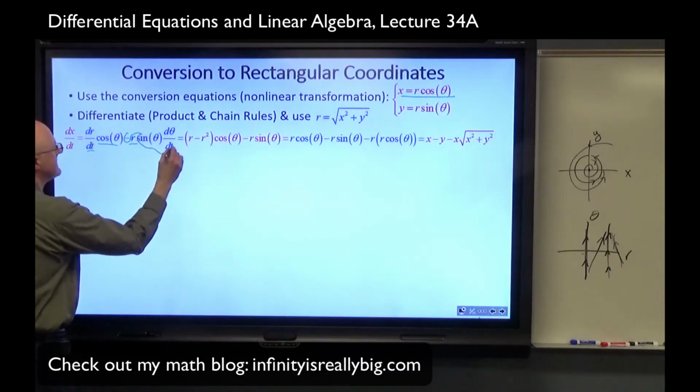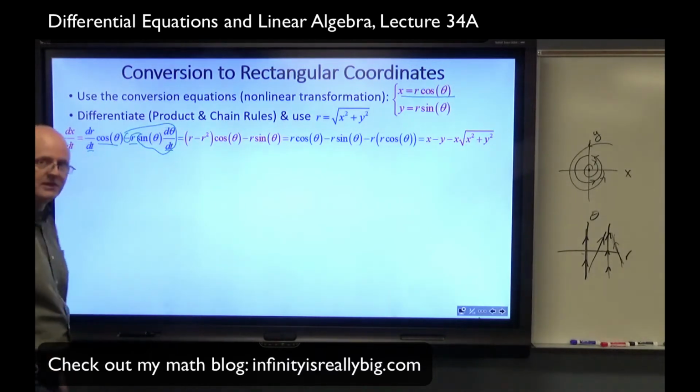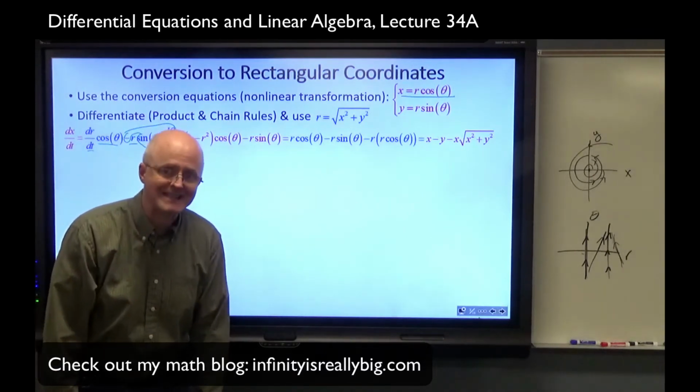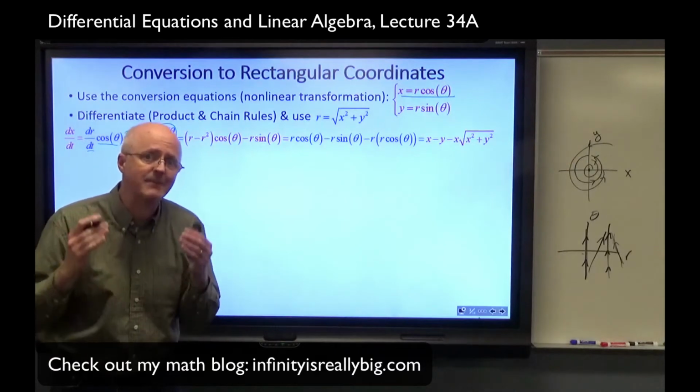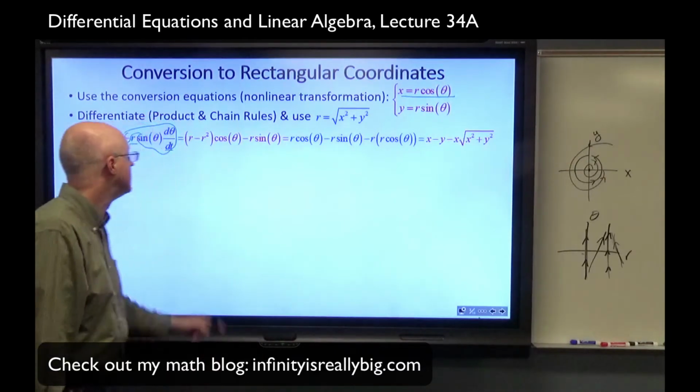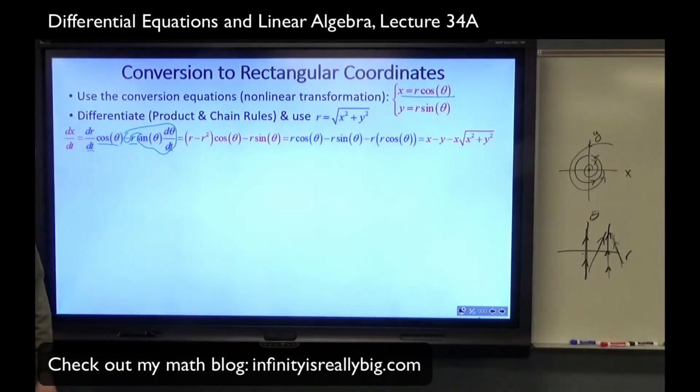Negative sine theta d theta dt is the derivative of cos theta with respect to t, keeping in mind that theta depends on t, so you need the chain rule to get an extra factor of d theta dt there. That's always tricky for people. You've got to be careful.